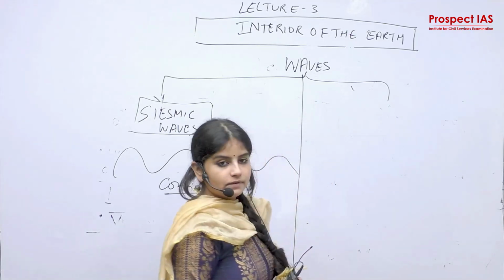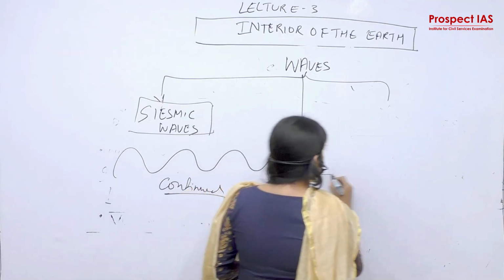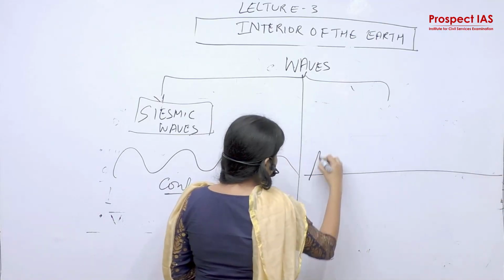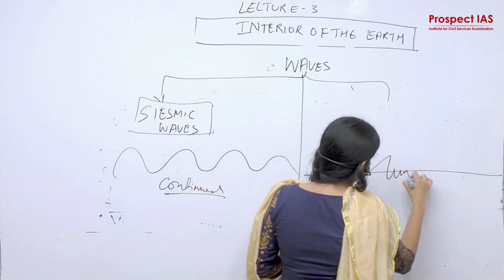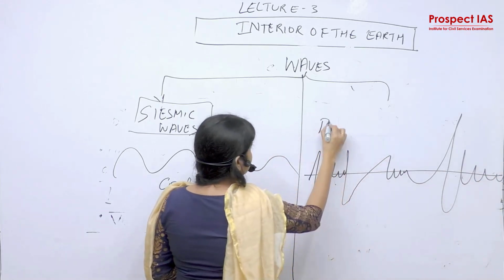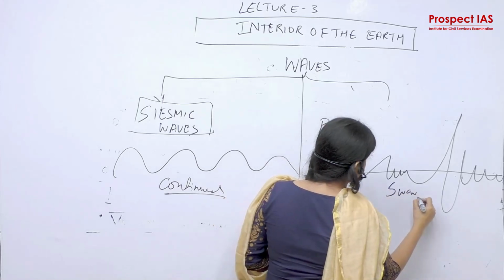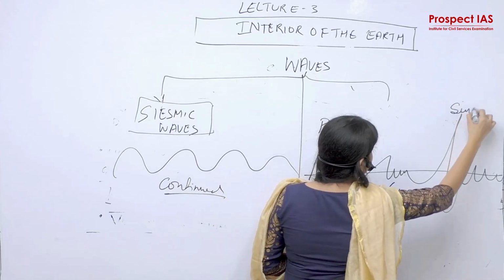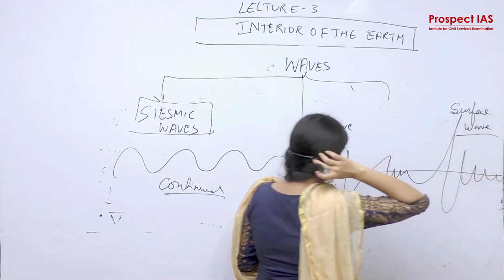Have you seen it, if you are covering your NCERT? So this kind of graph is made. Right? This is the P wave, this is the S wave and this is the surface wave. Okay, understand the concept.